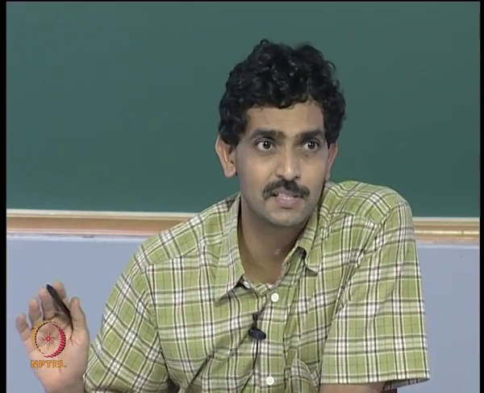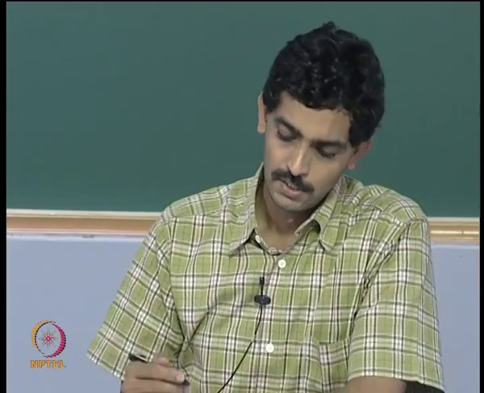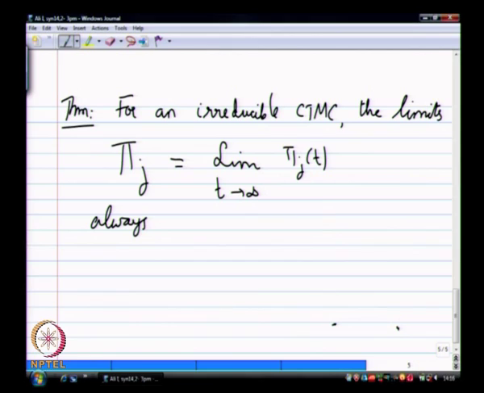This is the steady state probability, just like we calculated for the discrete time Markov chains before. So these pi j's will always exist.